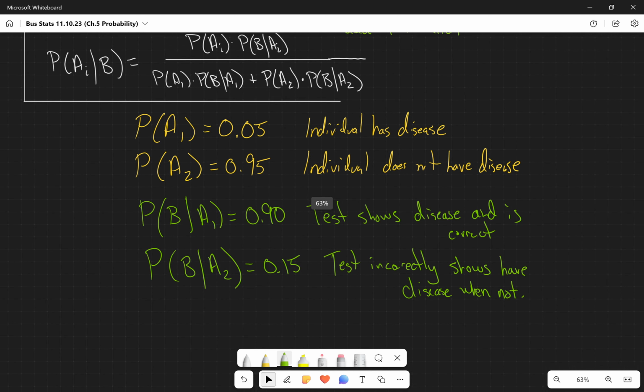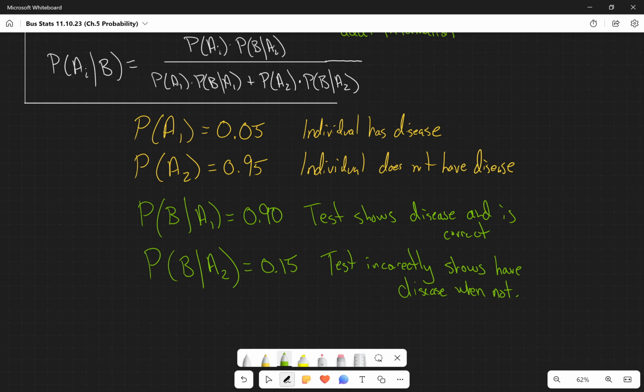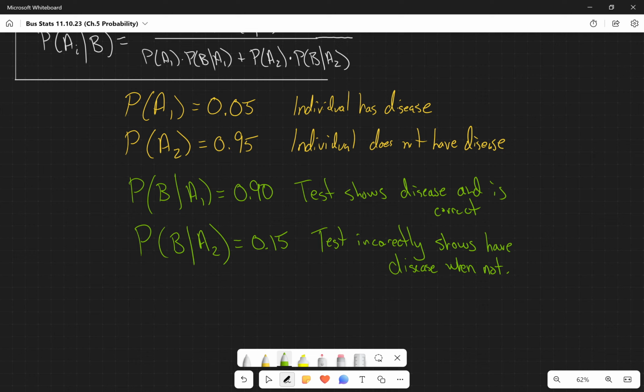And so now we're asked, what is the probability of someone who tests positive and actually has the disease? So somebody who tests positive and actually has the disease.